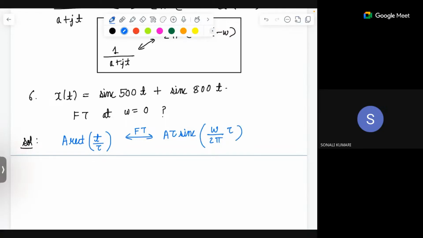Basically, A tau sinc f tau. And we are dealing with angular frequency and not linear frequency, so omega by 2 pi.